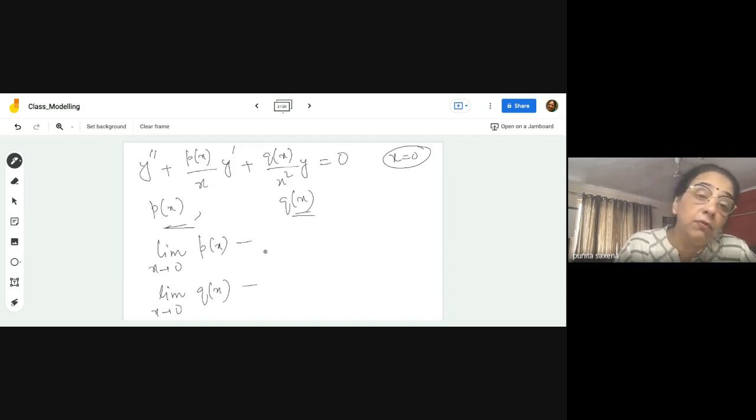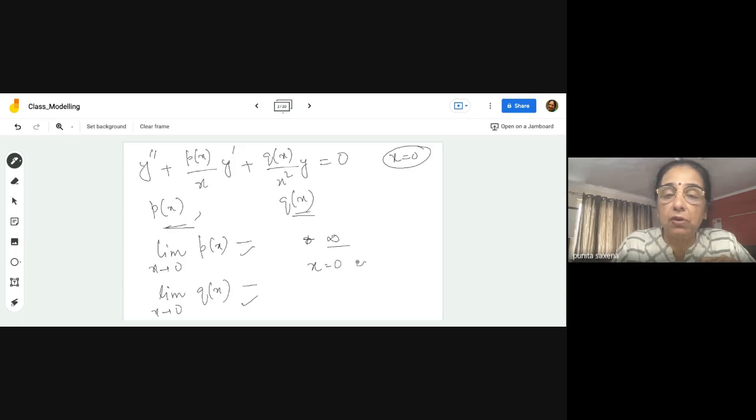In case any one of them turns out to be infinity, either this or this, then we can say that x equal to 0 is an irregular singular point. Are you getting my point? So if even one of them is infinity, then x equal to 0 becomes an irregular singular point.